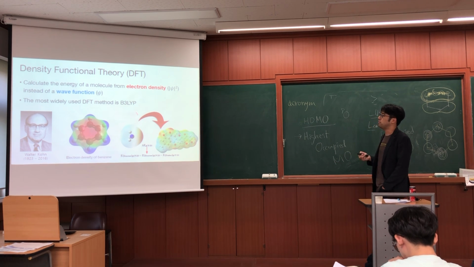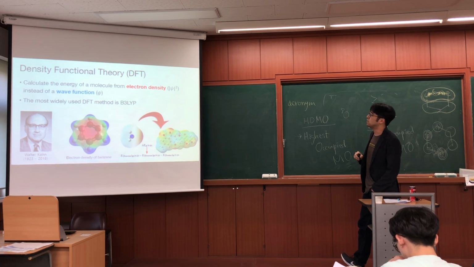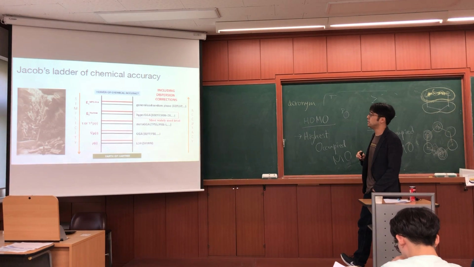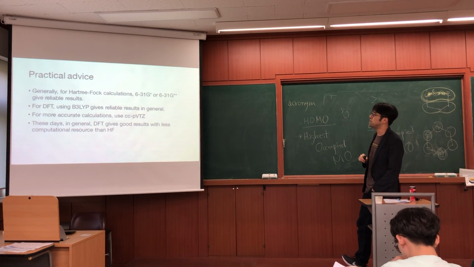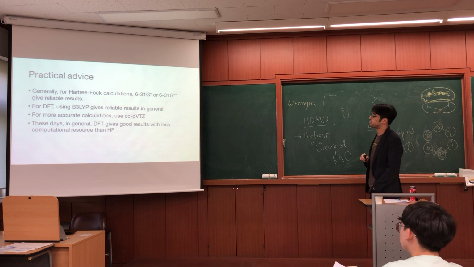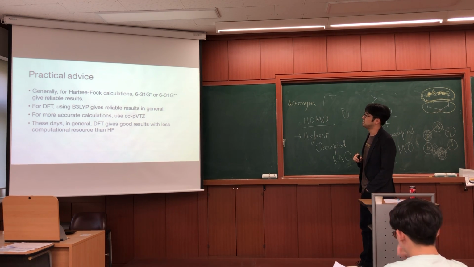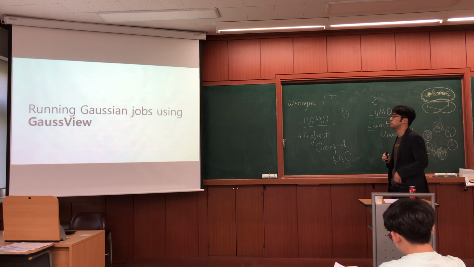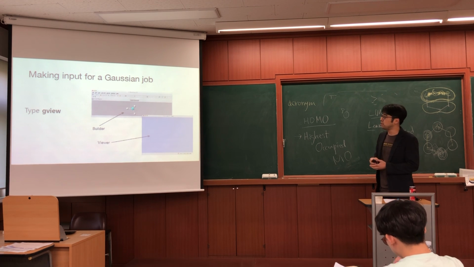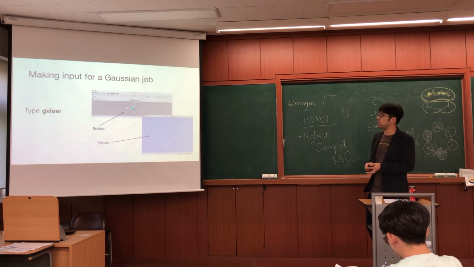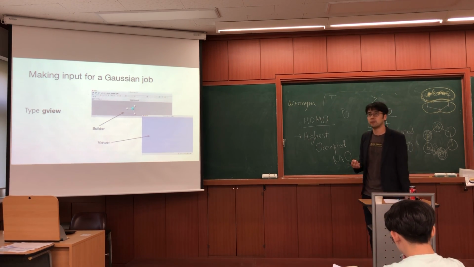If you see this one, you can just think that they used a very standard method for computational chemistry. Okay, we're going to skip this, and we'll skip this too.